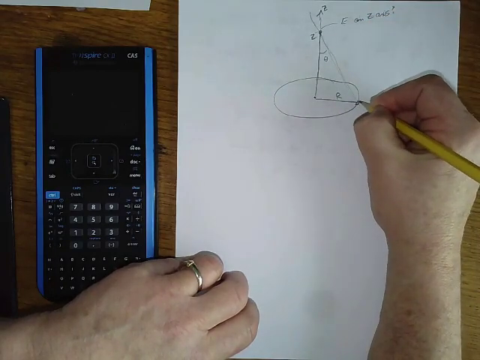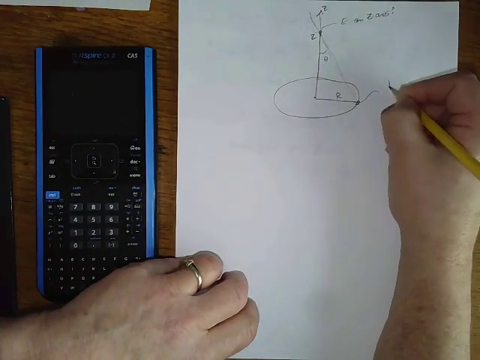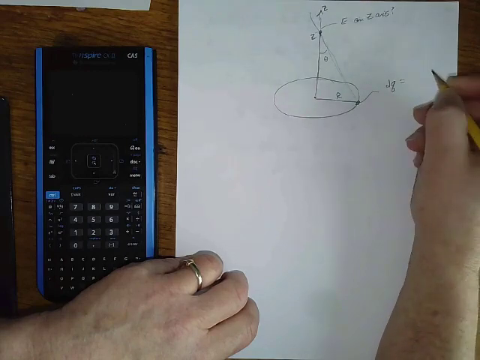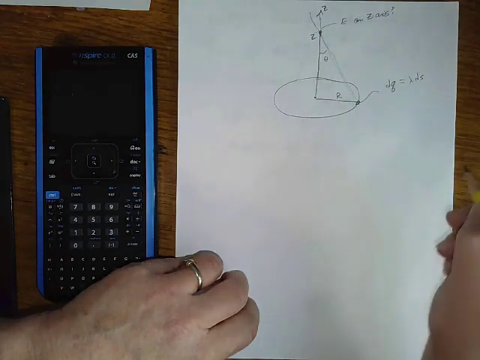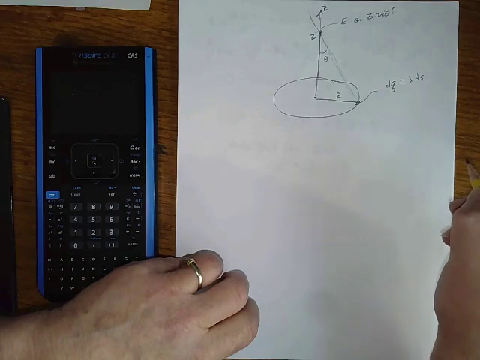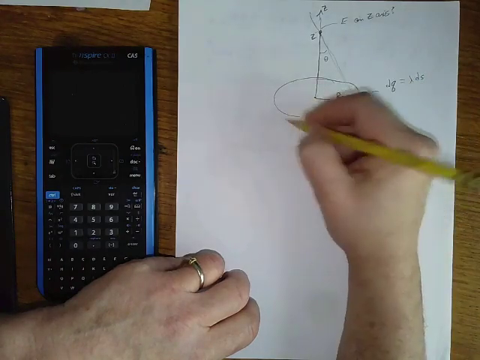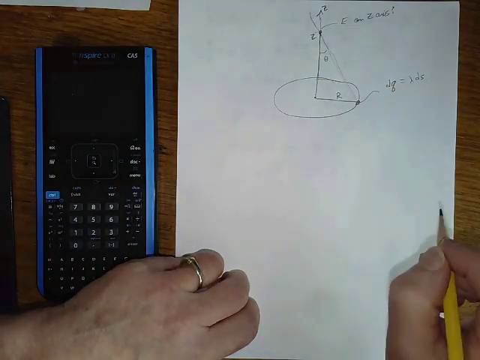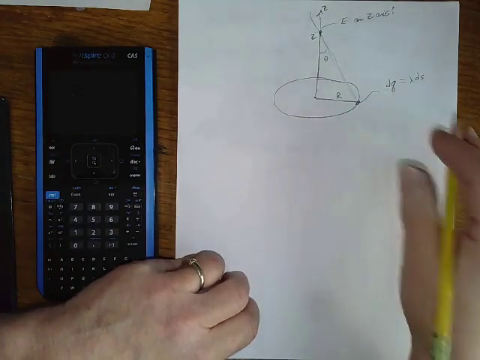And we'll have some little dq here again, which is lambda ds. This time I think we'll just integrate on ds, so we'll leave it in terms of the charge that way.